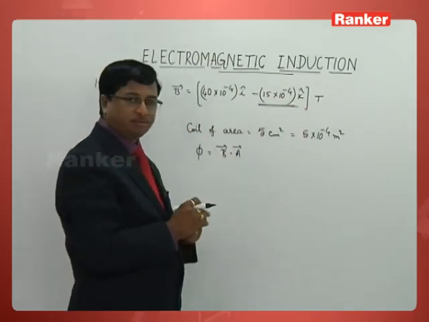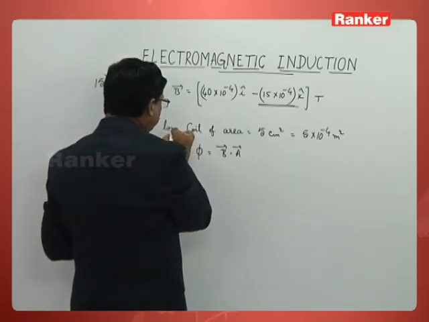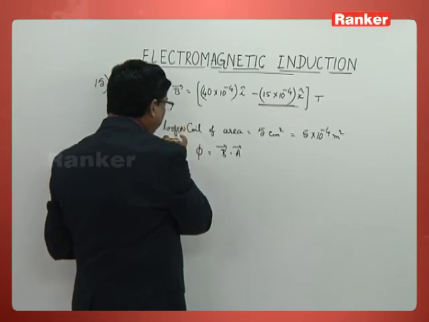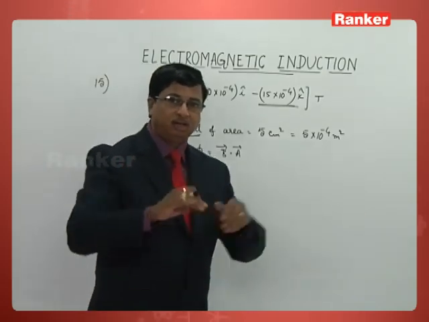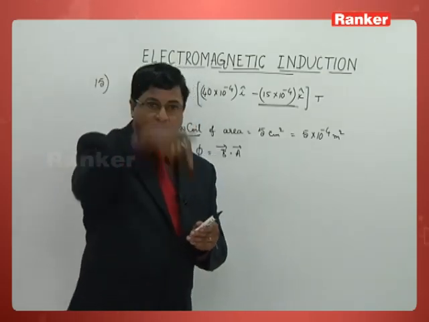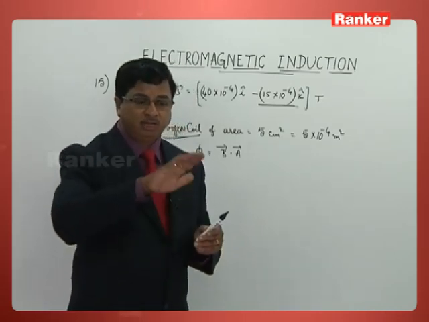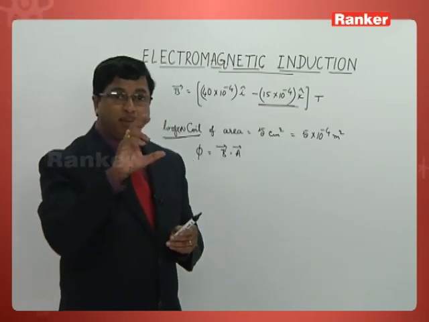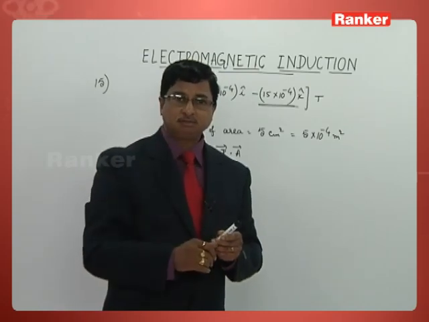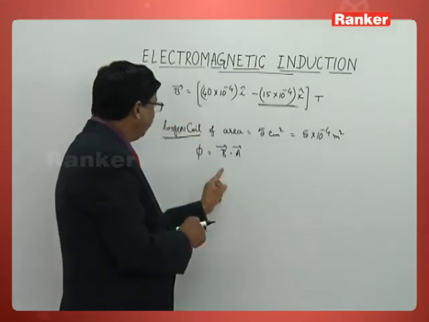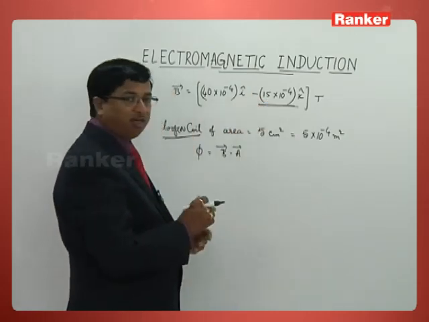Why along the z-axis? Whatever loop or coil he is talking about, when it is flat on the xy plane, the lines of force will pass through that coil perpendicular to the xy plane. Perpendicular to the xy plane is the z-axis. So the coordinate of B along the z-axis is to be taken here.